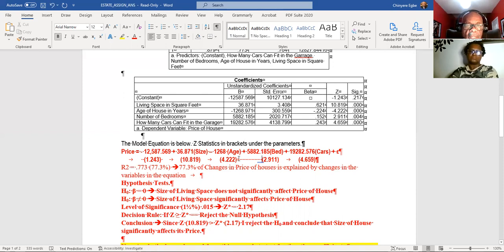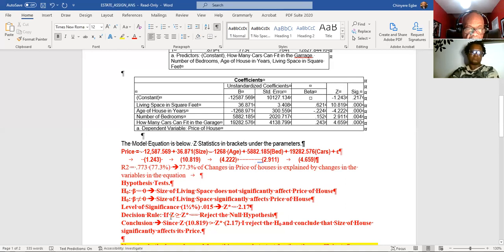These are the calculated T statistics that you're going to use to test your hypothesis. And I provided you the Z star. For the size of the house, the critical Z star is 2.17.